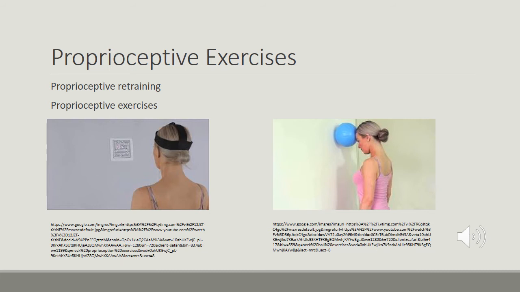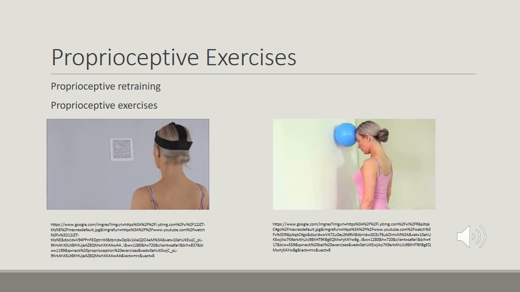But before or after surgery, whether it's non-surgical, it's something to look into to help reduce the symptoms that you're having. So proprioceptive exercises is controlling movement and understanding movement of the head. And you can do this through visual stimulation, as you see on the picture on the left. She actually has a little laser beam and she's following a maze. They're actually kind of fun exercises to do.